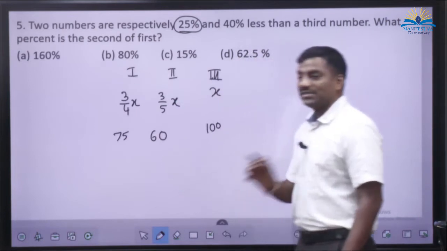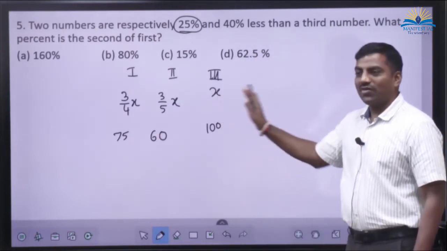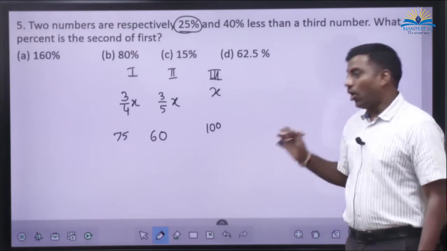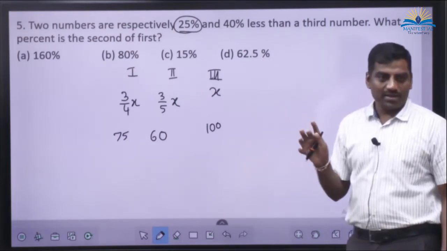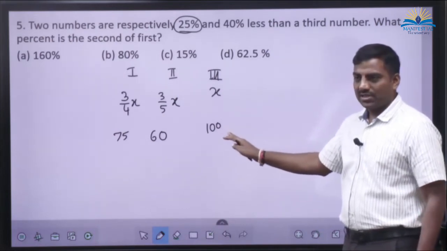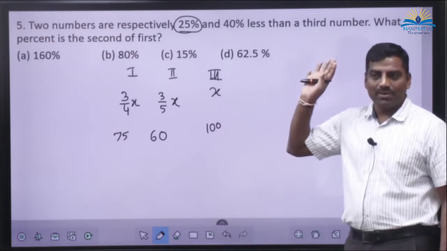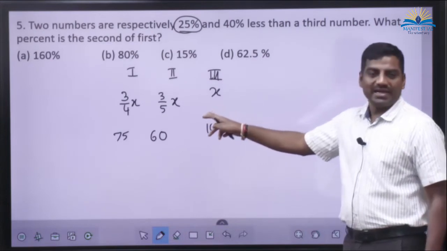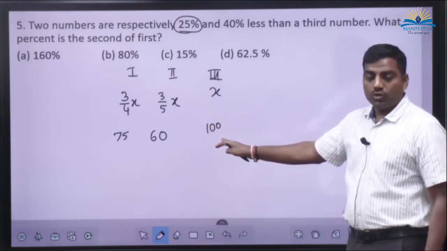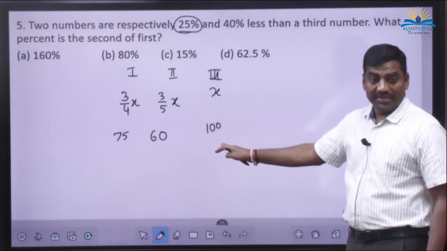I would have taken like this. It is up to your comfort. Go with x or go with 100. All the time 100 cannot be applied. There are a few exceptions. 90% of the times we can apply this. But x is 100% applicable. But it makes it complicated. 100 makes us assume or visualize very easily.